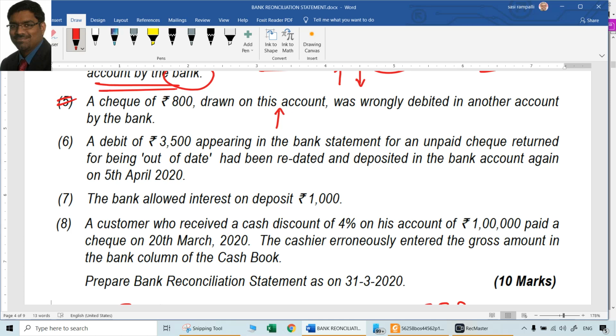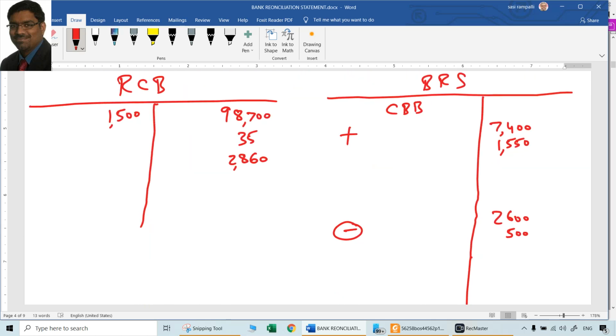Wrongly it debited to another account. So the debit which is supposed to be done on this account is not done, which means in the passbook or bank balance according to bank statement of this account, the balance is higher because of this mistake. When the passbook balance is higher, cash book balance is lower. That means what we have to do? Add 800.